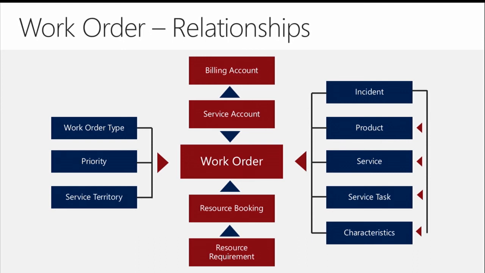Now, the other ones that you will see in here is what's called a resource requirement, and we'll talk a little bit more about resource requirements in the next module. But a resource requirement is really the specific information about what we need from a resource in the system to be able to execute this work order.